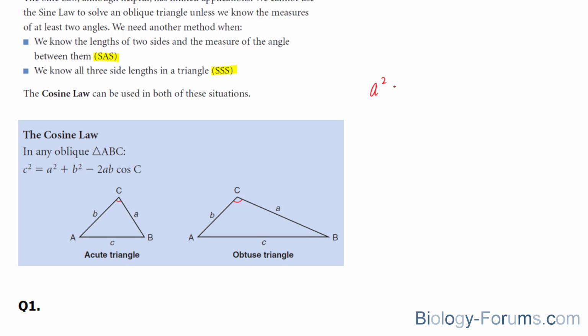A squared is equal to b squared plus c squared minus 2bc cosine big A, and also b to the power of 2 is a squared plus c squared minus 2ac cosine b. And it helps to memorize one of them.